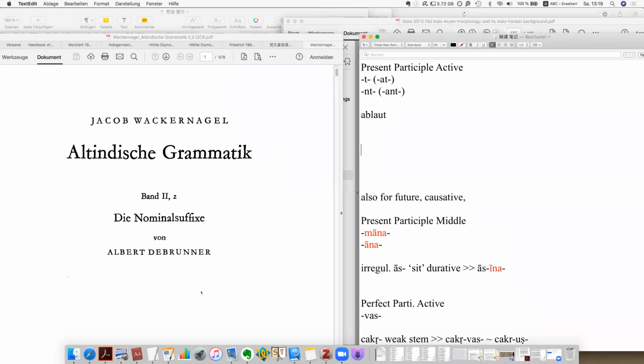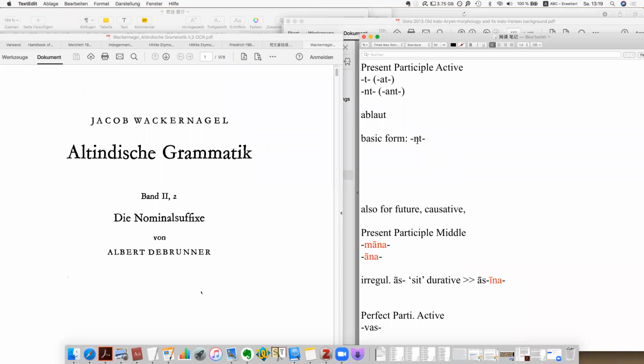So the original form is actually nt. If you want to remember one thing, this is a thing you need to remember. This is the basic form. And for this basic form, how can we get all this?